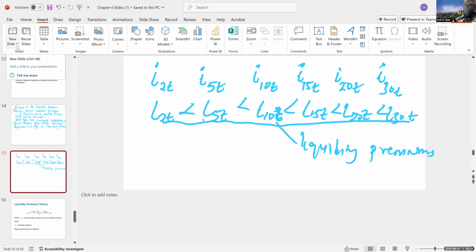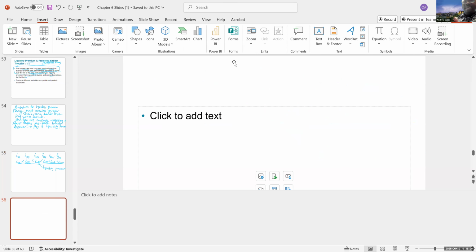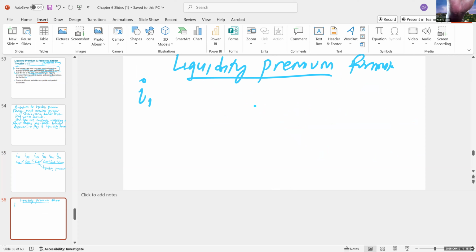So that means the formula for the liquidity premium is not a lot different from the earlier formula. We're not going to derive any other formula because it's the definition of the expectation theory, but we're just going to add a liquidity premium. So in general, the liquidity premium formula: the interest rate on any N-year bond, INT, is going to be the average of the short-term interest rates as before.